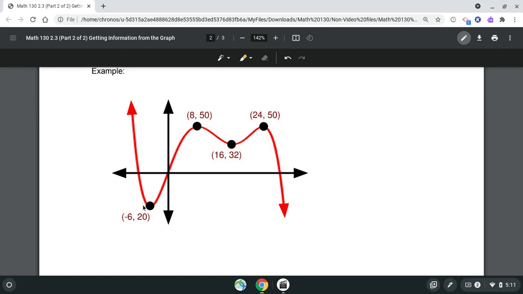Okay, so those areas, these little neighborhoods where those are happening, contain these points that we call maximums and minimums.